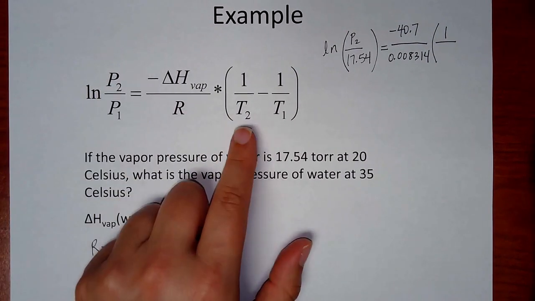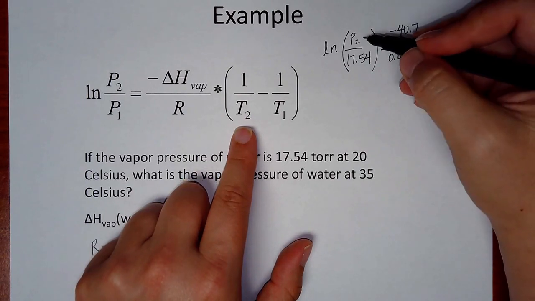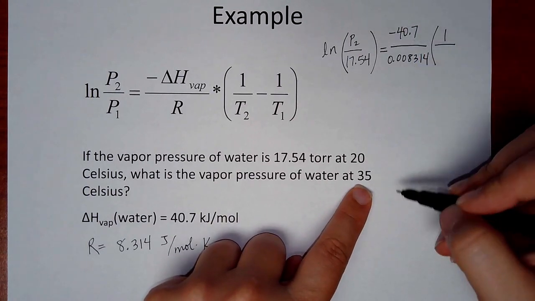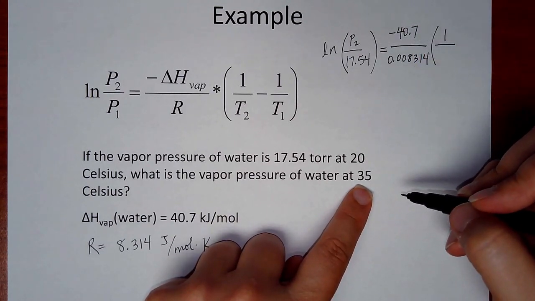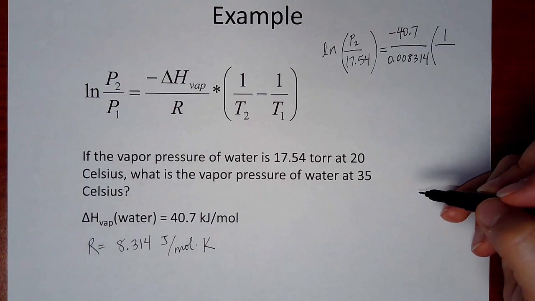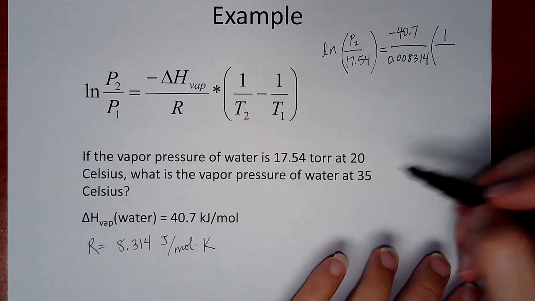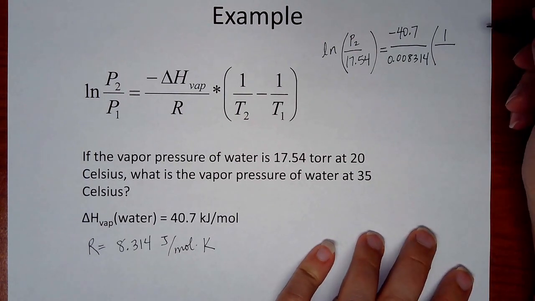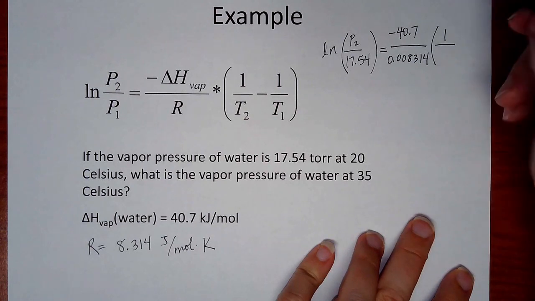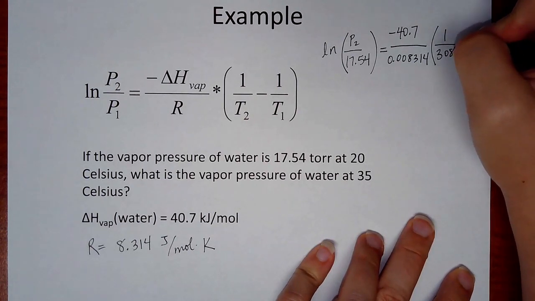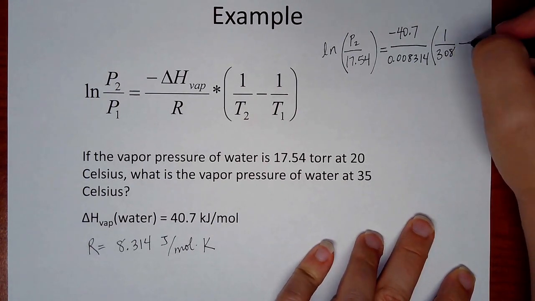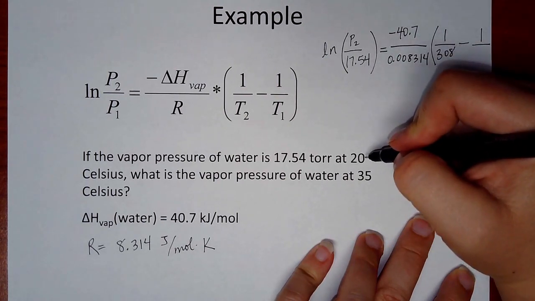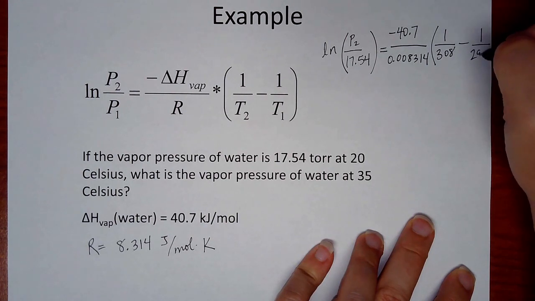So we're going to look at the temperature associated with P2, and P2 is our variable. So our temperature associated with it is 35 degrees Celsius. That means we need to convert our 35 degrees Celsius into Kelvin. So we're going to add 273. This becomes 308. Then minus 1 over T1, where our P1 was at 20 degrees Celsius, so that becomes 293.